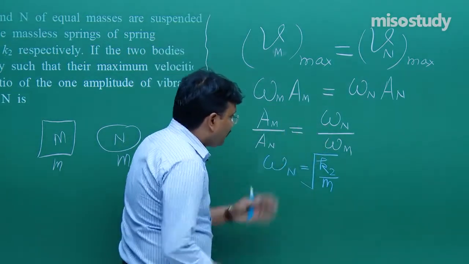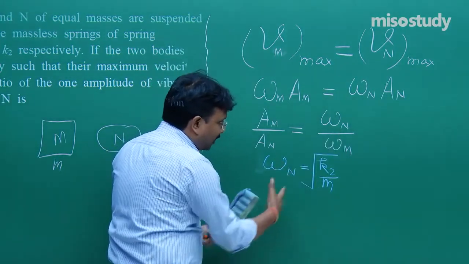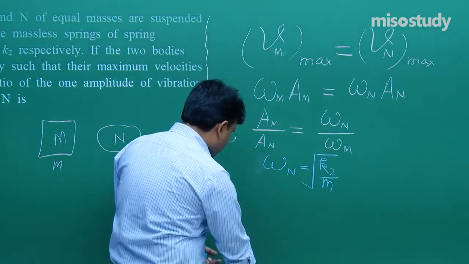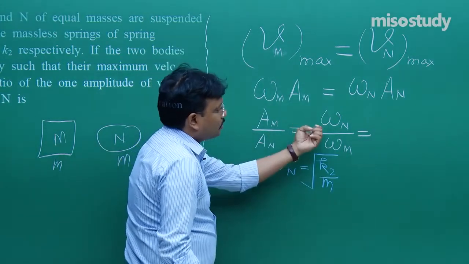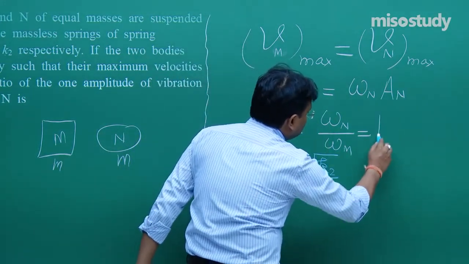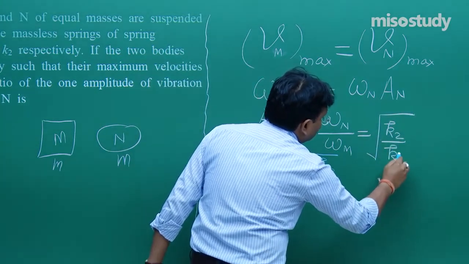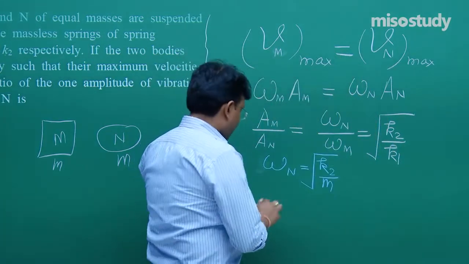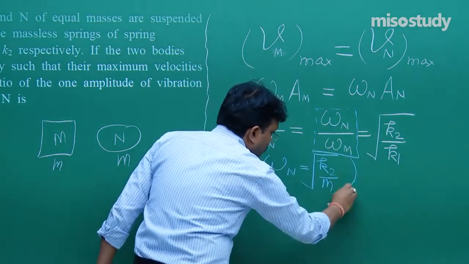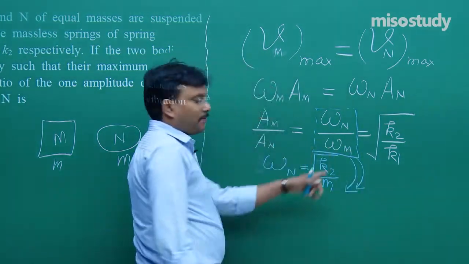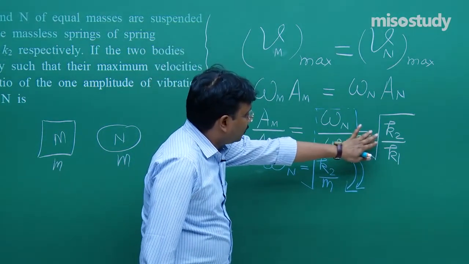So when you put in the values of omega_N and omega_M and solve, you will get k2 by k1. Simple. This is because of the replacement of values. So A_M upon A_N is equal to under root k2 by k1.